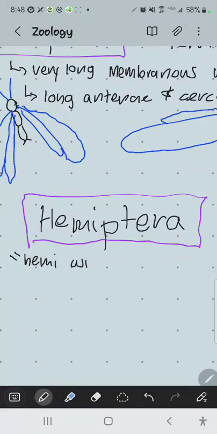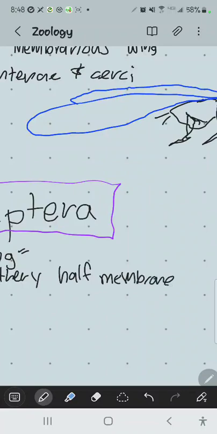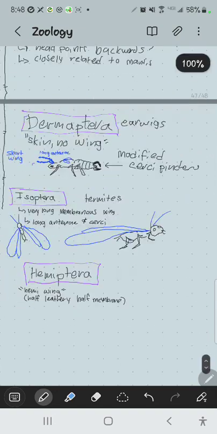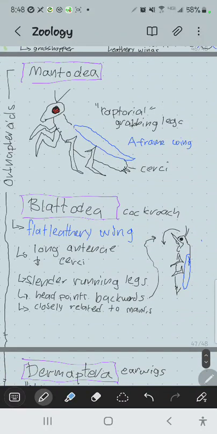This is the idea that the forewing is half leathery and half membranous. And what that looks like is the wing has this X-like appearance. When you look at the wing, it's formed into this, looks like this.